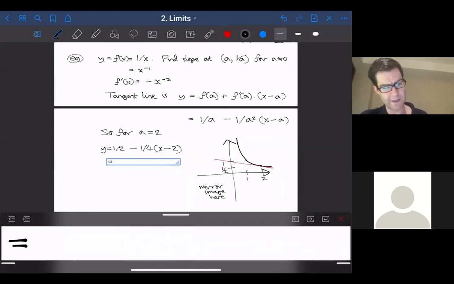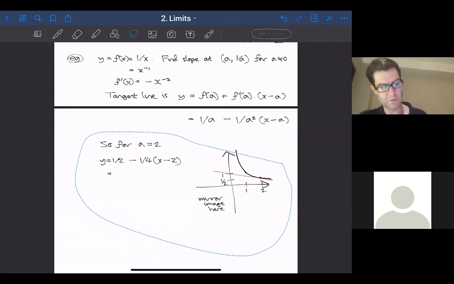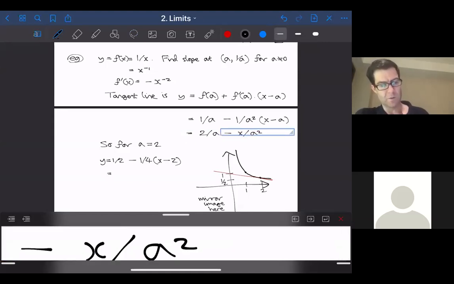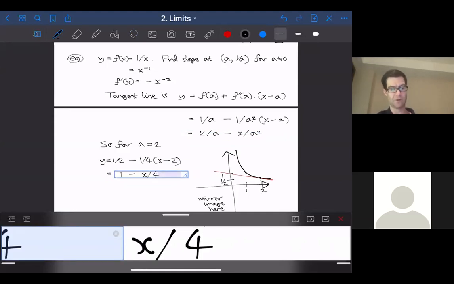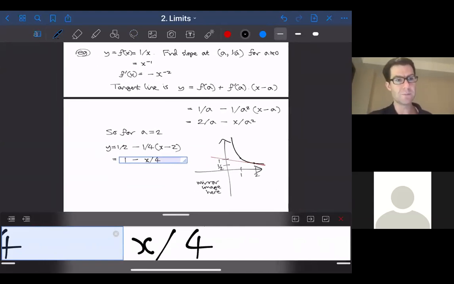Okay, and to simplify that, actually we should simplify up here first. So multiplying out the bracket, we get 2 over a minus x over a squared. So that's a beautiful formula. And at this level, we get 1 minus x over 4. And we can see that's the equation of the line I've drawn in the picture.